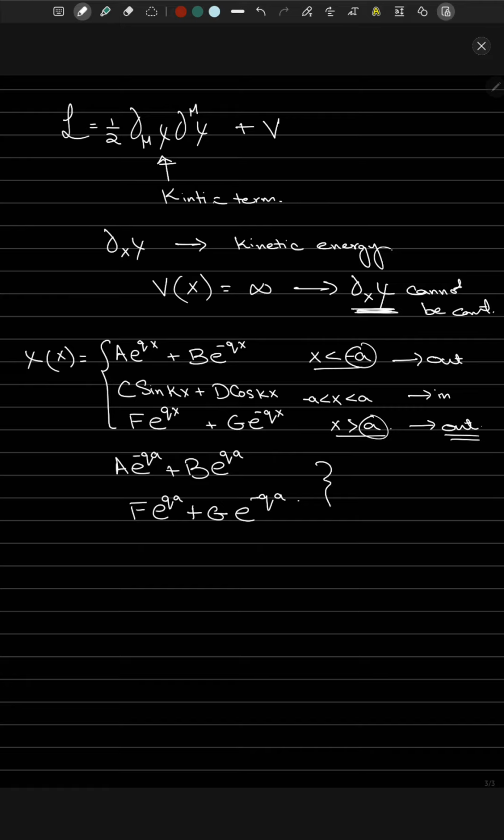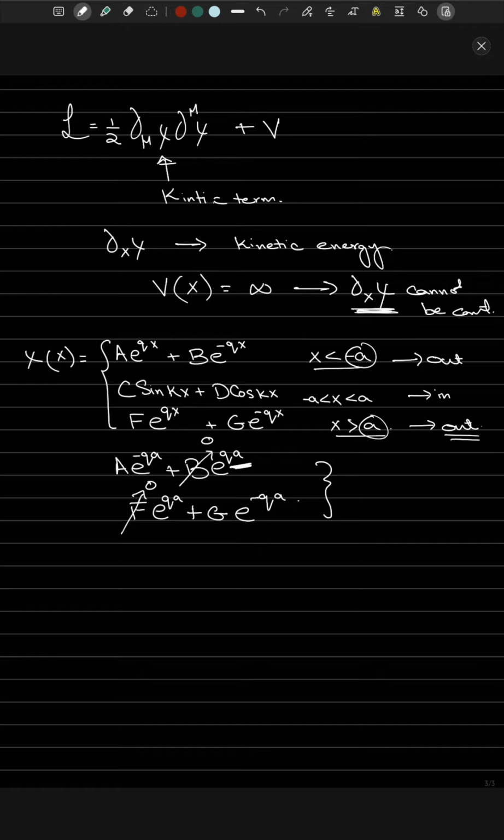And just now I talked about the wave function being a decaying exponential outside the well, that would immediately imply that these constants b and f should go to zero, right? Because these constants b and f are with an exponential that is growing with x, and we just established that it cannot be a growing exponential.